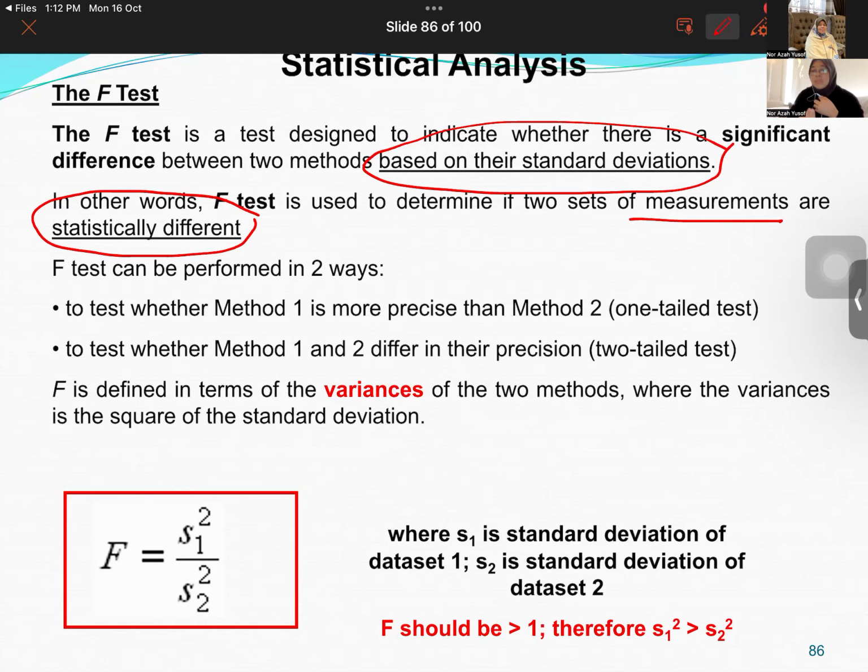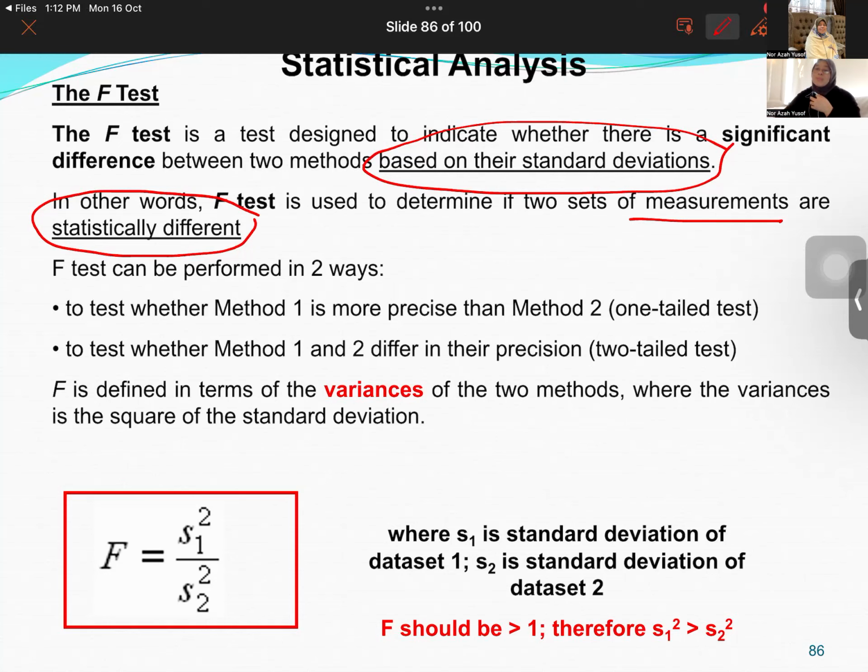The same sample is sent to another lab and analyzed by someone else. Why? Because we want to make sure that the lab analysis done in my lab is consistent and acceptable.